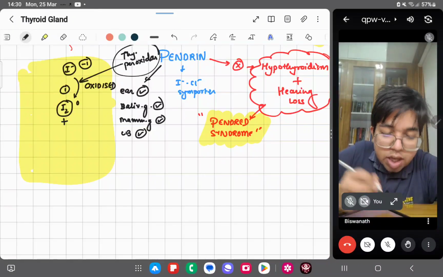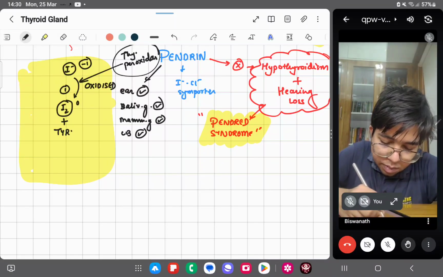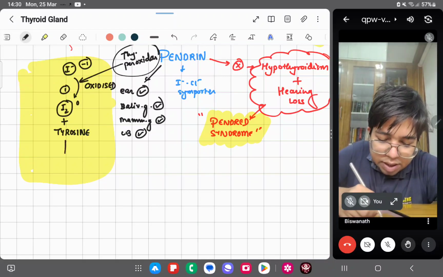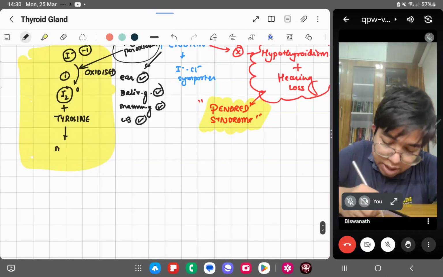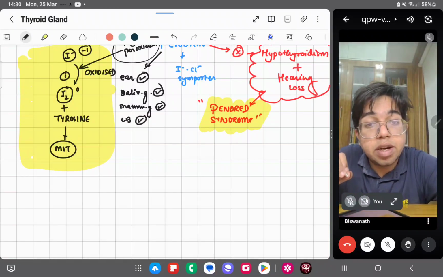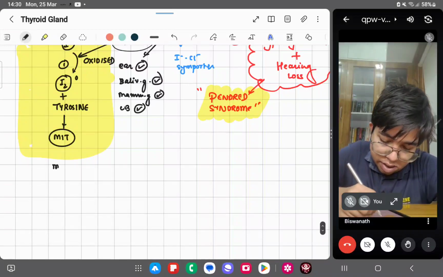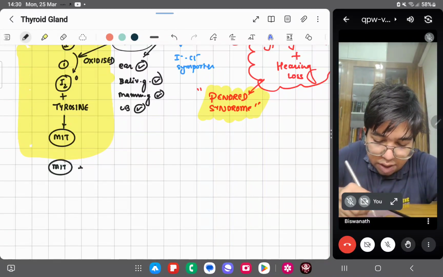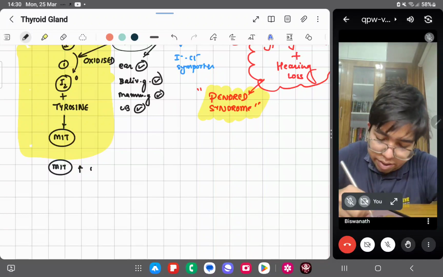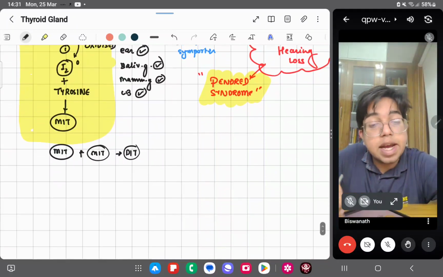Understood? Then this oxidized iodine, this I2, which is now not iodide but iodine, is combined with a molecule called tyrosine, and this combination will produce what is called MIT, monoiodothyronine. This MIT, if it combines with another MIT, will form a DIT, that is diiodothyronine.